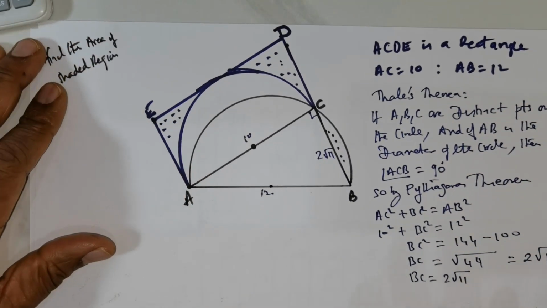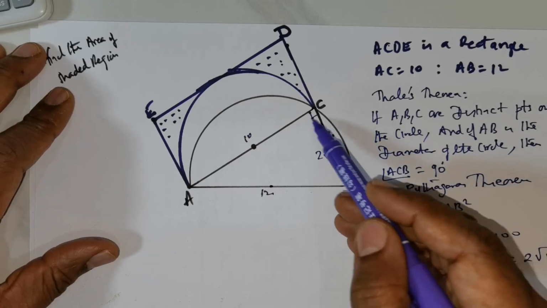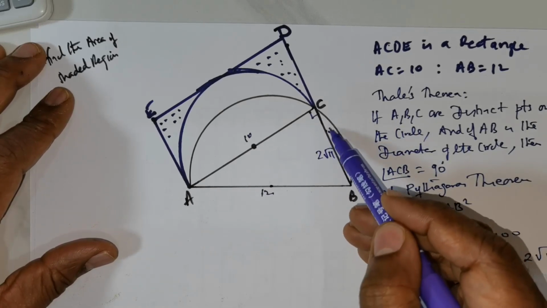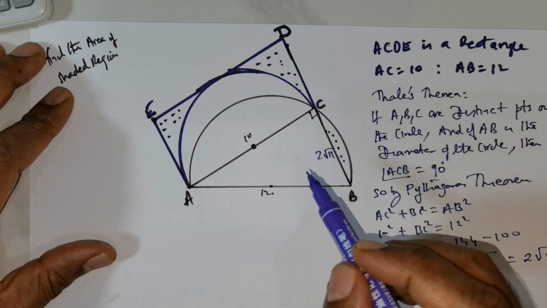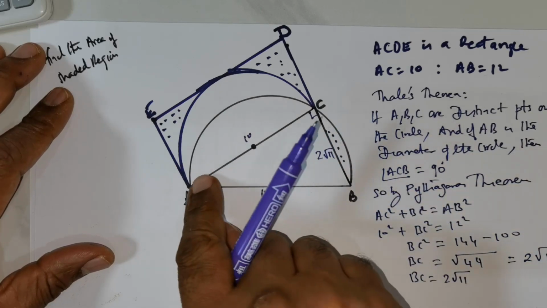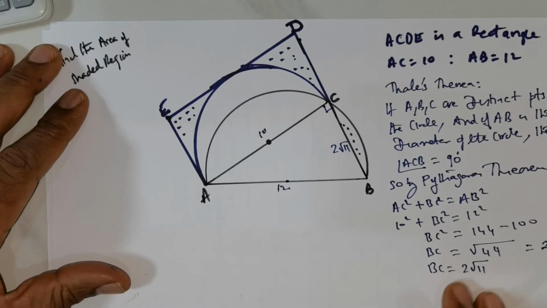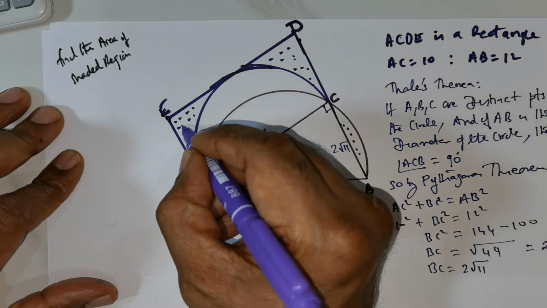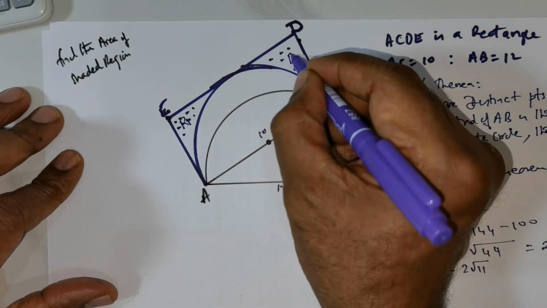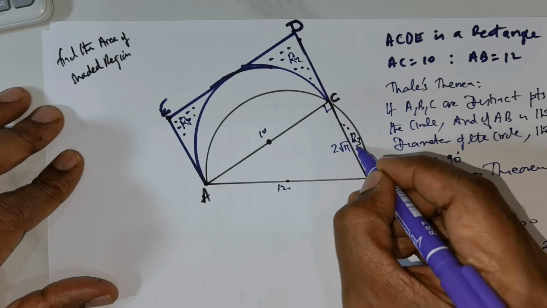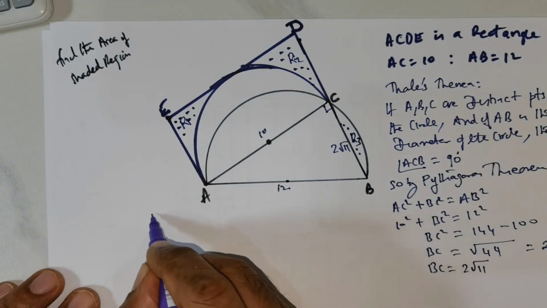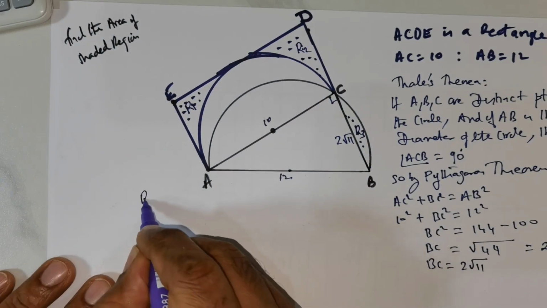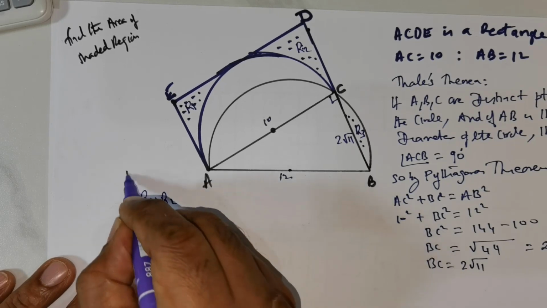Okay, fair enough. Now I want to get this region, this region, this region. So let me write this one, R1, R2 and R3. To get R1 and R2, R1 plus R2, this is the required region.